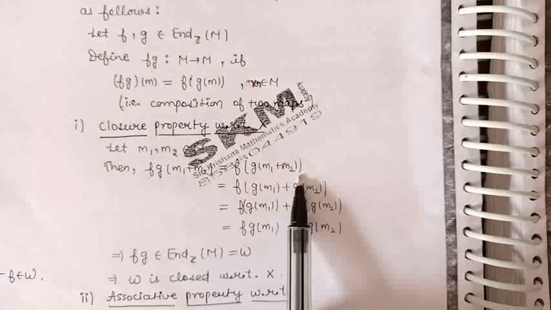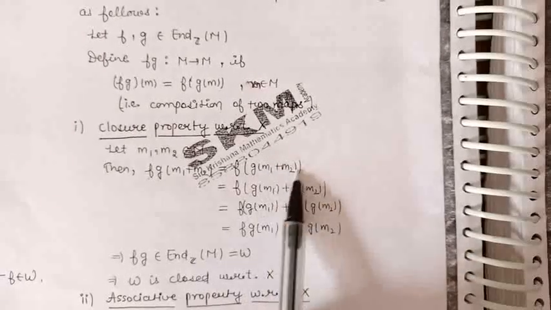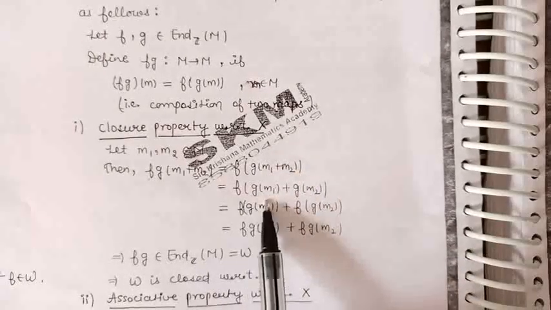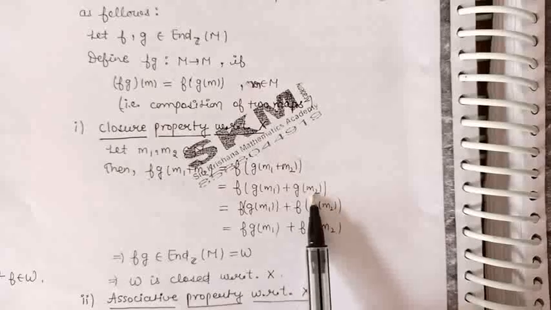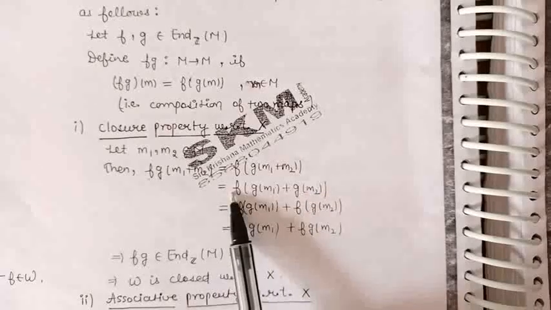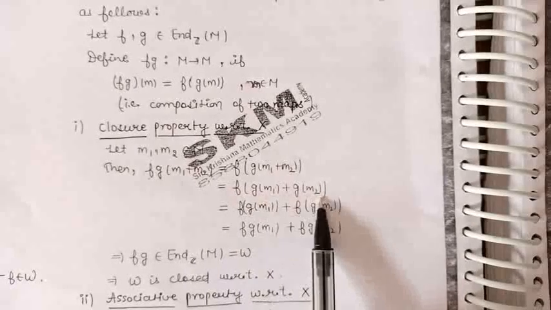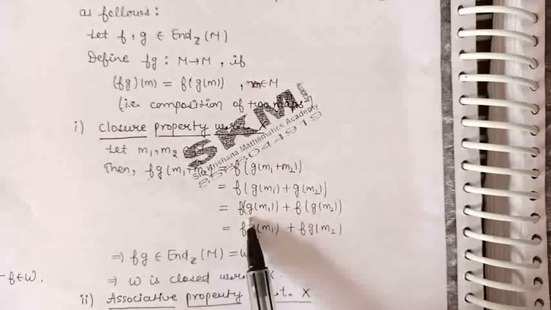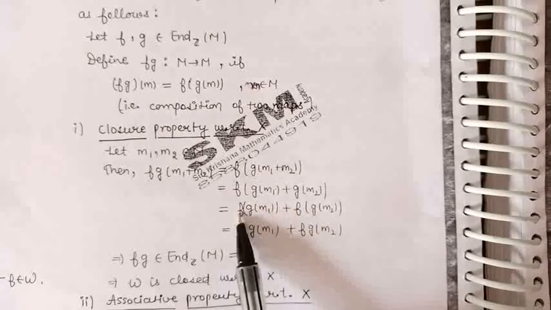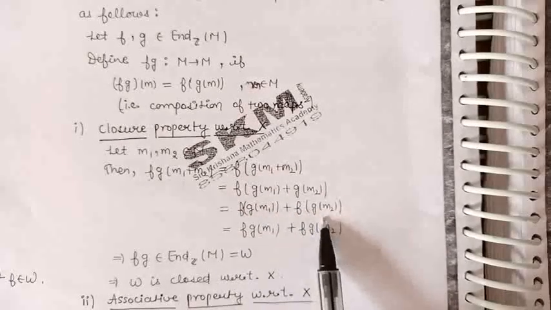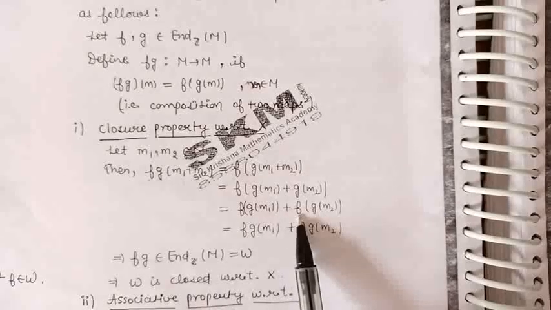Now because G is an endomorphism from M into itself, this can further be written as G of M1 plus G of M2. Again, F is an element of W, so that is an endomorphism from M into itself. So this can further be written as image of G of M1 under F plus image of G of M2 under F.